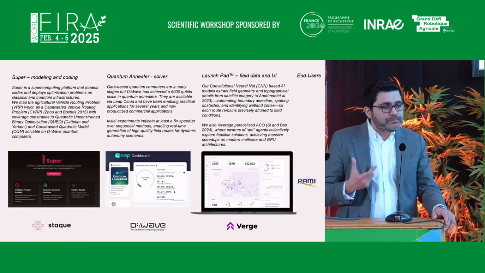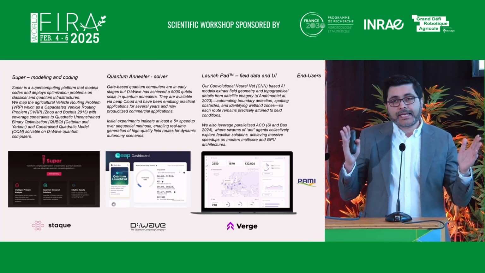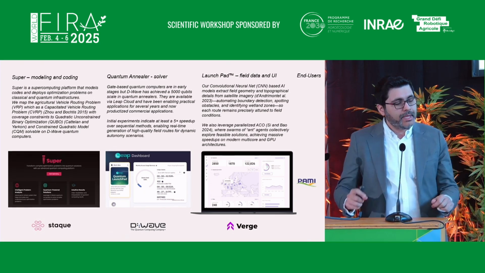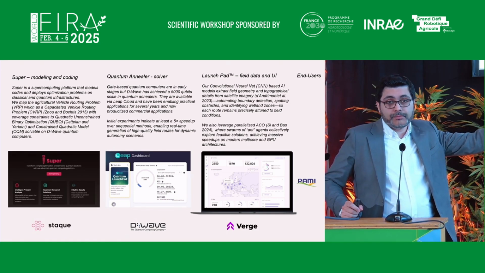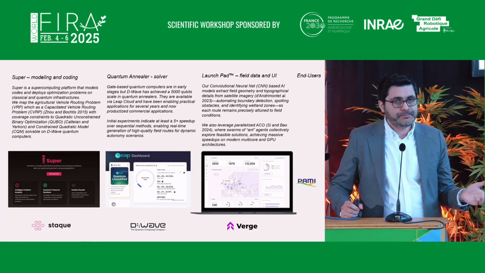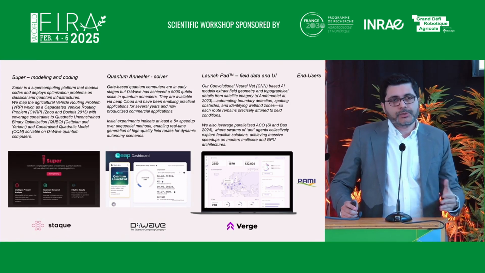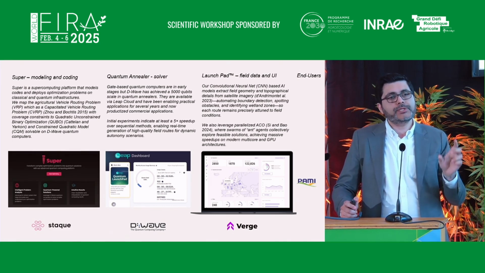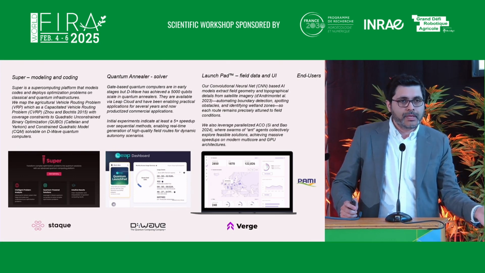Let's dive into the solution. What is the solution? These are the technological components, and I'll try to keep it as simple as I can. It really starts from the right, with Verge's Launchpad, which is an operational planning solution. You can bring your boundaries, plan your operations, and then push routes to autonomous or semi-autonomous machines that will execute those routes in your field.